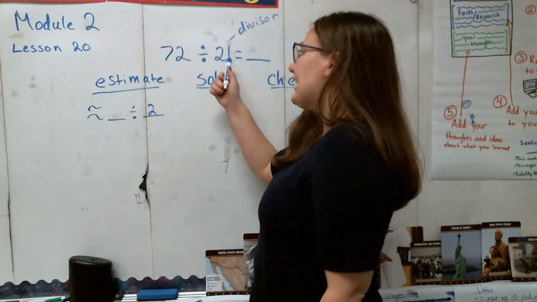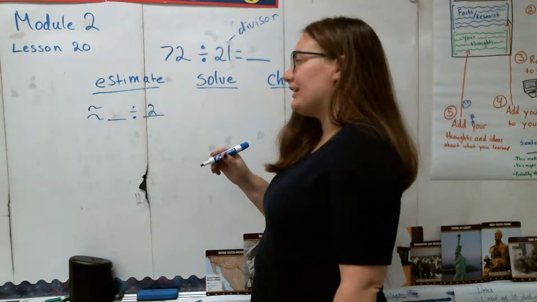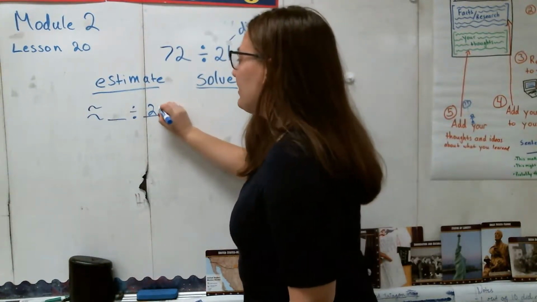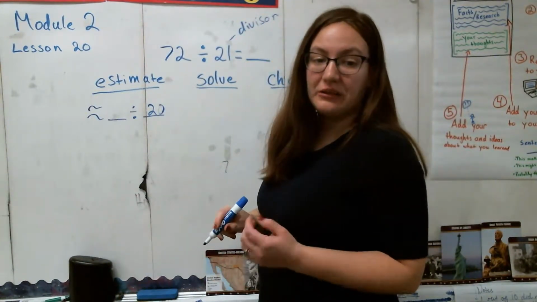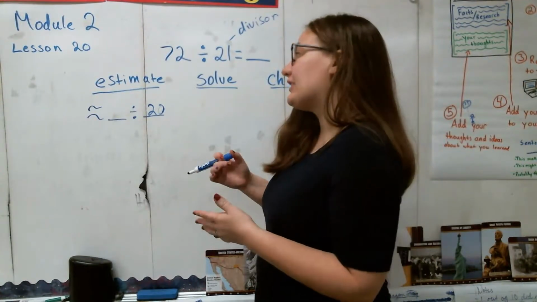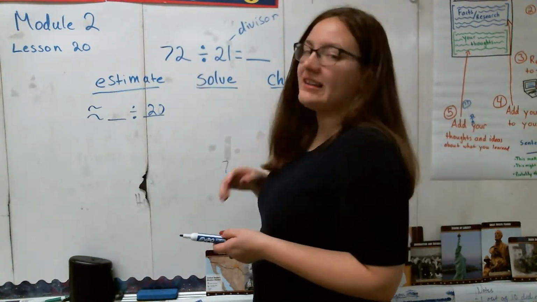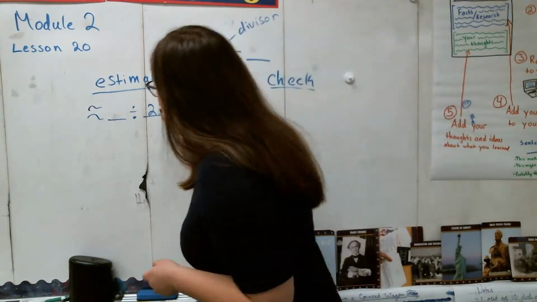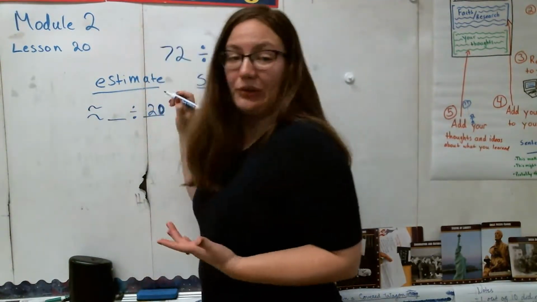Well, when I look at 72 divided by 21, I think if I were to round it to 20, it would be a lot easier for me because there are more multiples closer to 72 that I could round that 72 to. And I'm going to show you why.